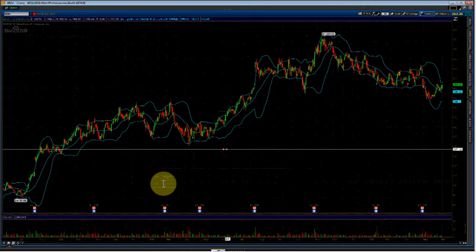What is that center line of the Bollinger Band? Anybody know what the center line of a Bollinger Band is?